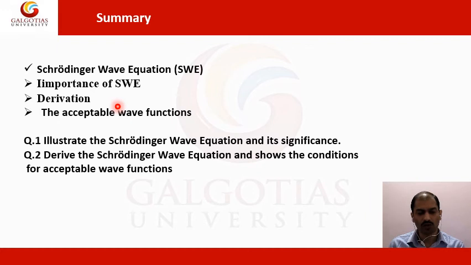We discussed how to derive the Schrödinger wave equation, and different ways to represent it. We used the Laplacian operator, where del square upon del x square plus del square upon del y square plus del square upon del z square, in 3 different coordinates, can be simply represented as del square.